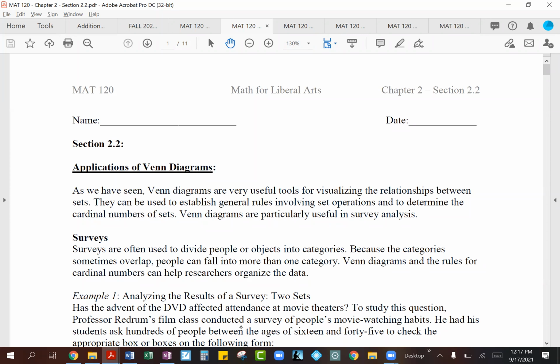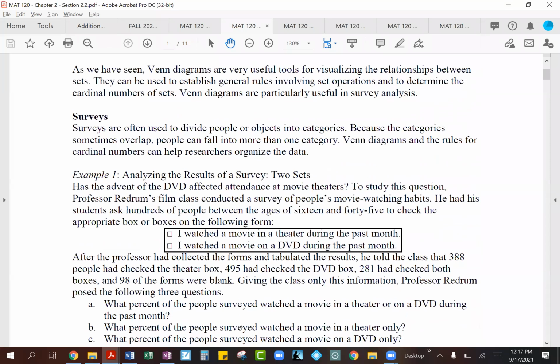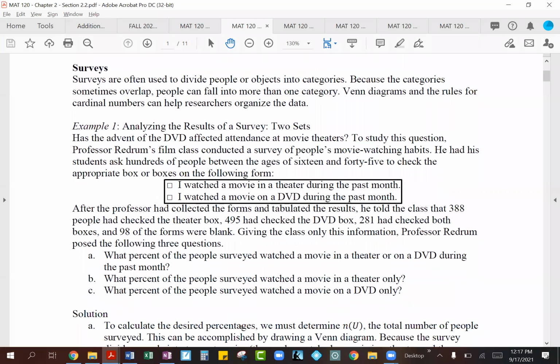Now we're getting into a little bit more in depth with section 2.2 and with Venn diagrams in section 2.2. So this is where you will see a little bit more of these application based sort of examples here. So let me pull up an example.